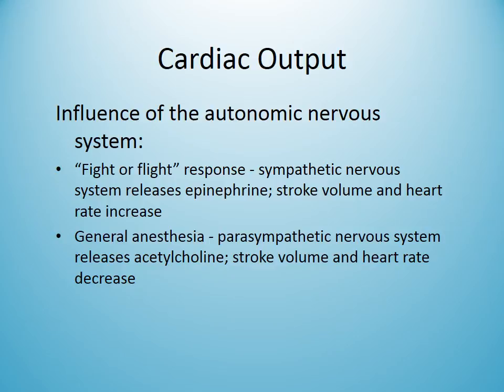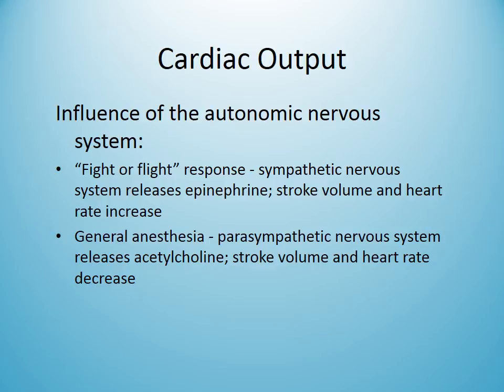And thanks to the epinephrine that's being produced by my adrenal glands, putting me into fight or flight mode, my cardiac output is automatically going to go up. My stroke volume is going to increase and my heart rate's going to increase. My stroke volume is going to increase because I'm going to need more blood to get to my legs for me to run, and my energy requirements are going to increase, and my heart rate is going to get faster to pump this blood faster.